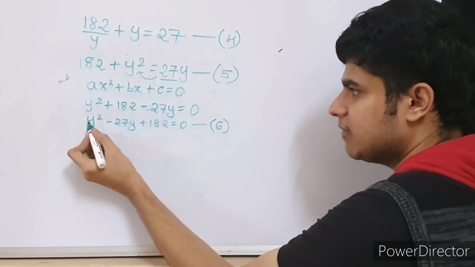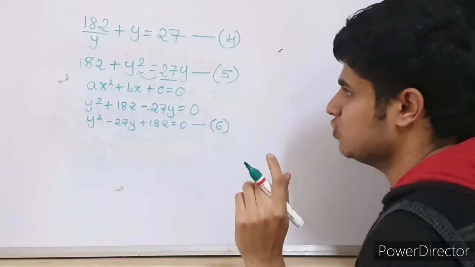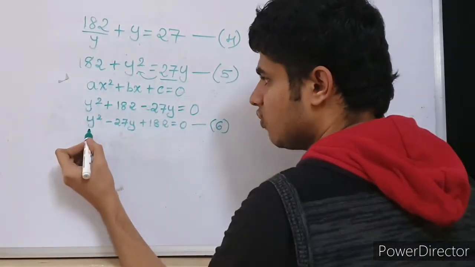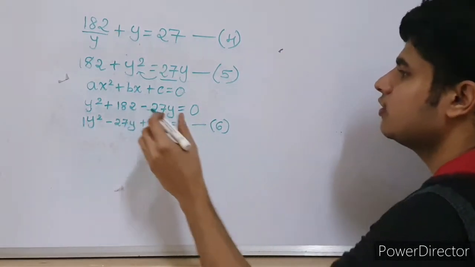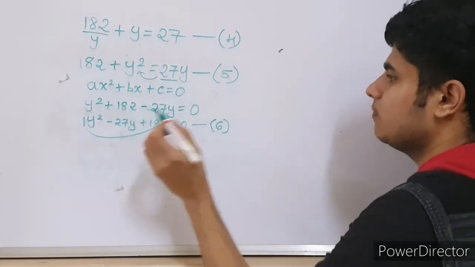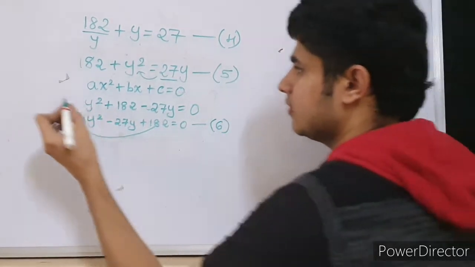I have to see the multiplication of the first term, that is a and c, what it comes to. Now a, the coefficient of y square, is 1. I can write y square as 1 y square. So 1 into 182. This is what we are trying to split up, that is 182.